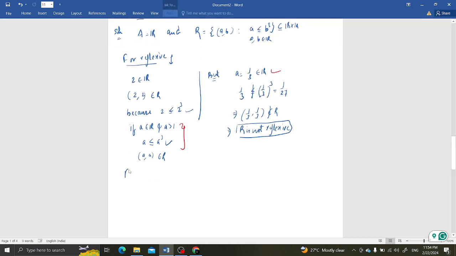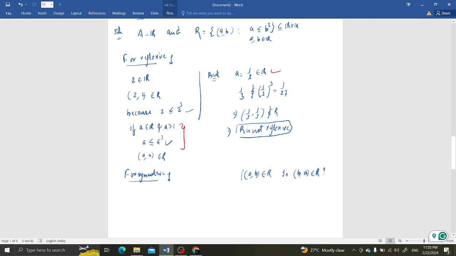Now for symmetric. Symmetric means, if (a, b) belongs to relation R, is (b, a) belongs to R?